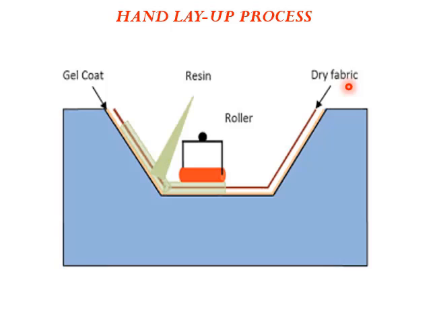It may be a chopped strand, woven cloth, or a mat, which is manually laid over the layer of resin. Once the fiber is uniformly spread over the resin, one more layer of resin is poured on the fabric.